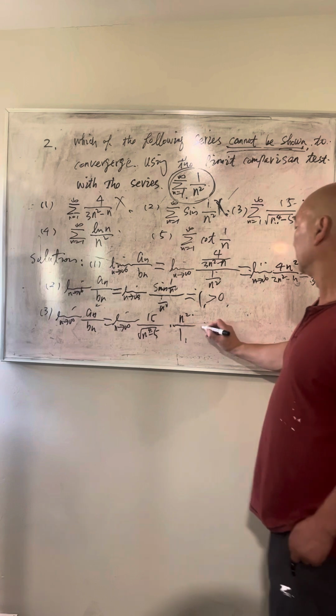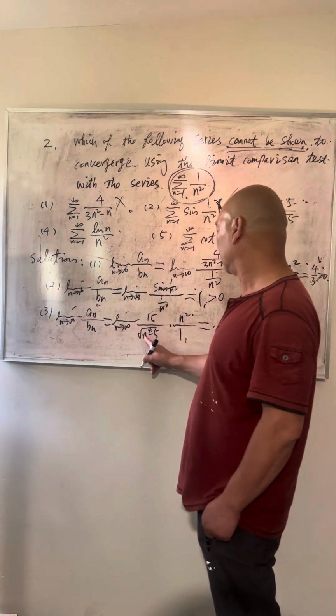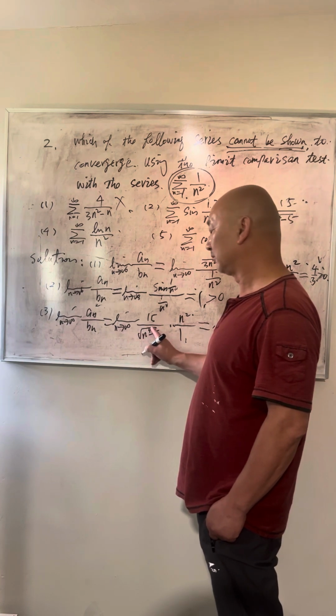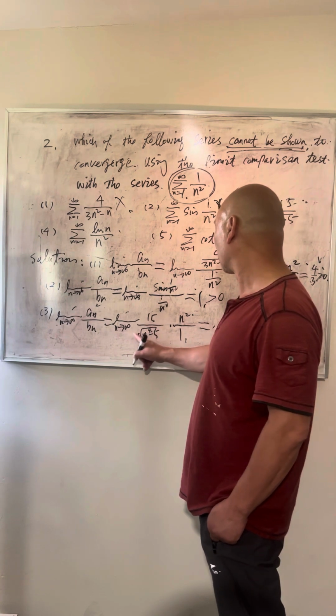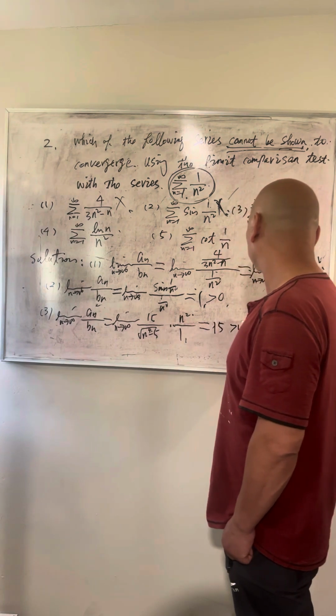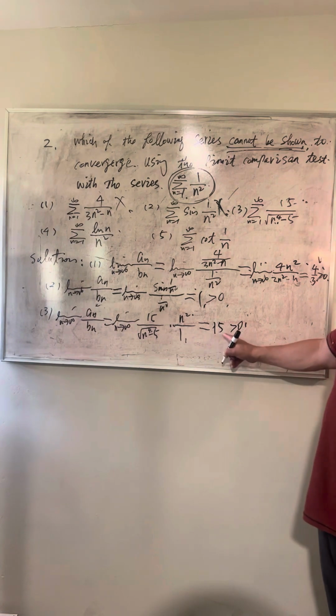So we know this limit: we factor out n to the fourth, n squared cancels out. The limit is 15, it's positive, so it's convergent.